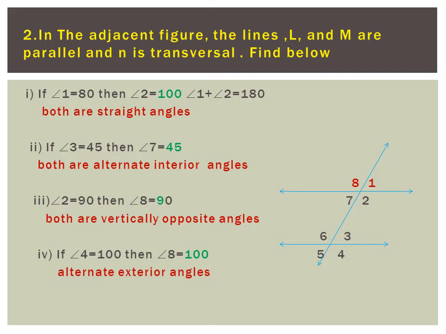Angle 8 is equal to 90, because both are vertically opposite angles, and we know vertically opposite angles are equal. Next, if angle 4 is equal to 100, then what about angle 8? Angle 8 is also 100, because they are alternate exterior angles.